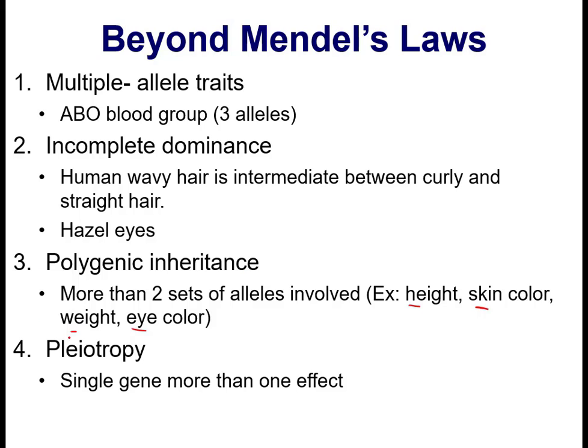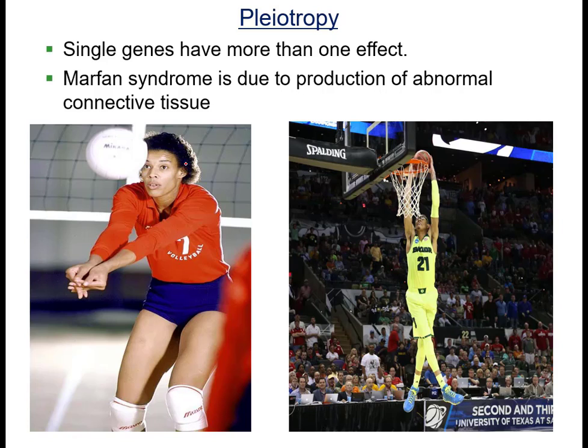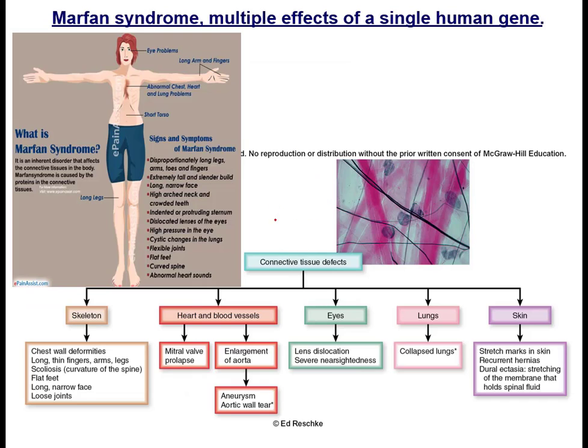The final rule breaker is called pleiotropy. Pleiotropy is when one single gene can affect multiple parts of the body. An example of this is genes for connective tissue. Your connective tissue involves your skeleton, your heart and blood vessels, your eyes, your lungs, and your skin. So imagine if there was a genetic defect in a connective tissue gene.